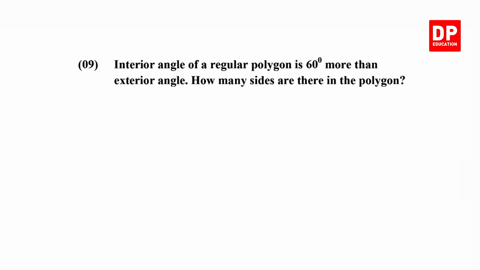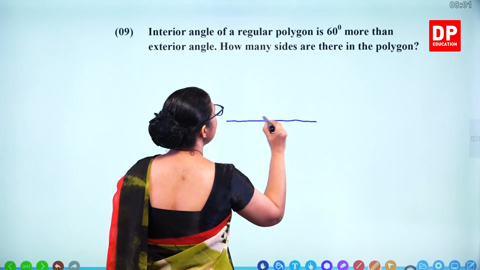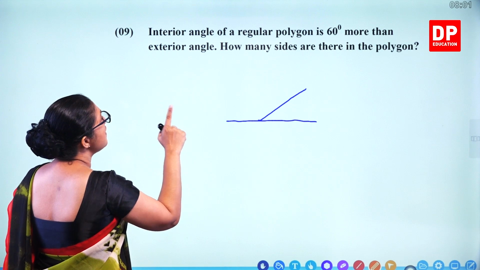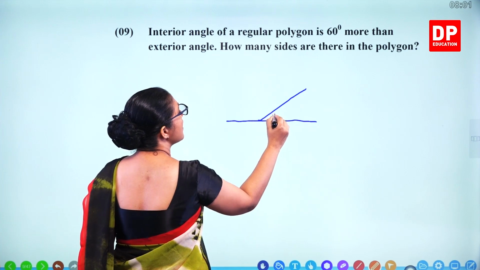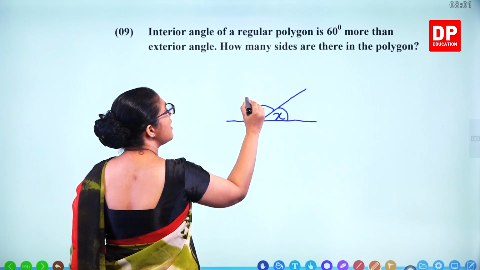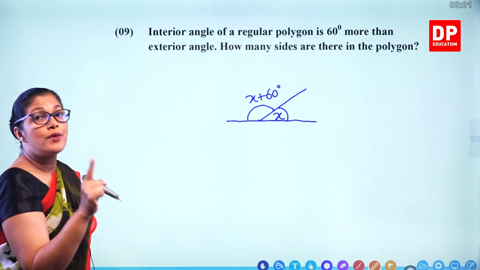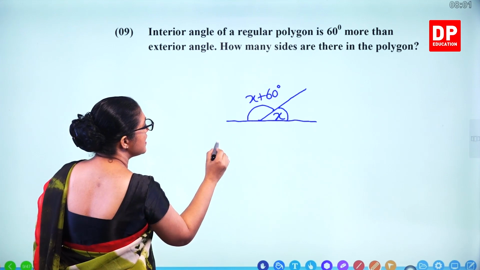Question number 9. Interior angle of a regular polygon is 60 degrees more than exterior angle. How many sides are there in the polygon? So it says interior angle of a regular polygon is 60 more than exterior angle. If x is the exterior angle, what is interior? X plus 60. Now we know the sum of angles. Interior plus exterior is 180.